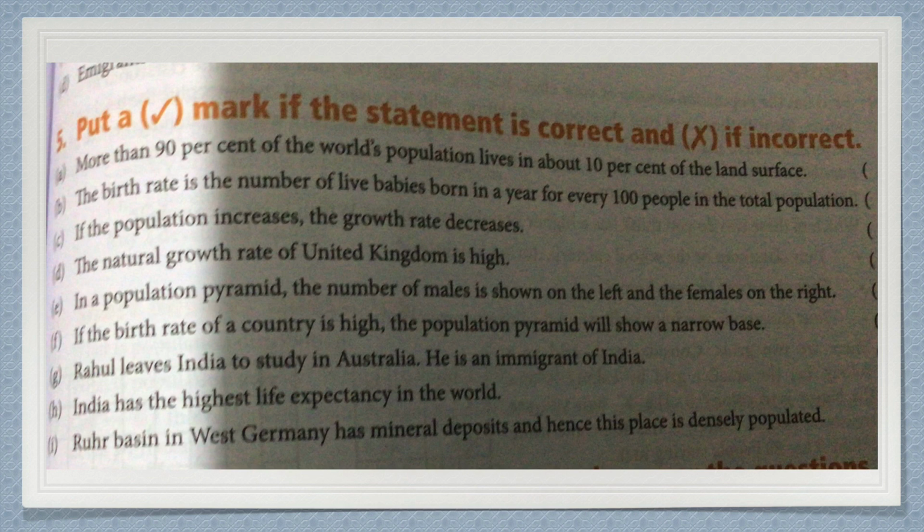He is an immigrant of India. And the answer is wrong. H. India has the highest life expectancy in the world. And the answer is wrong. Number J. Ruhr Basin in West Germany has mineral deposits and hence the place is densely populated. And the answer is right.